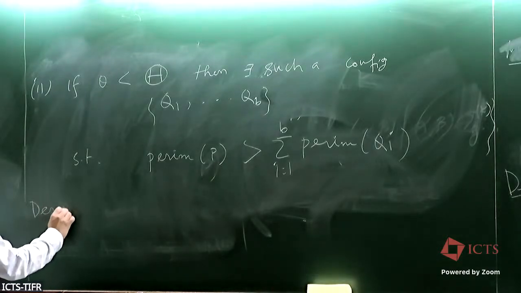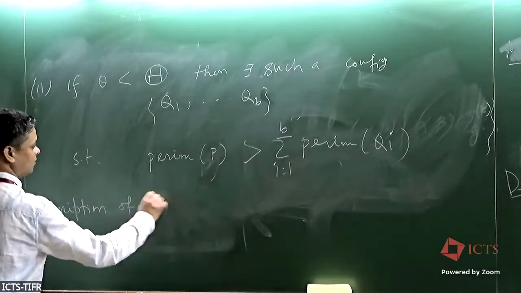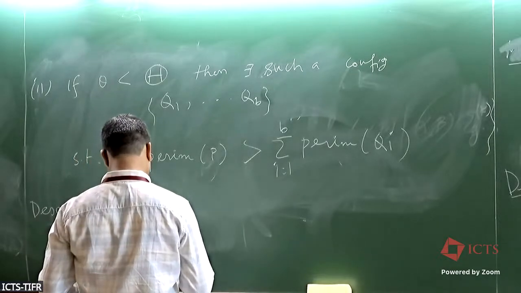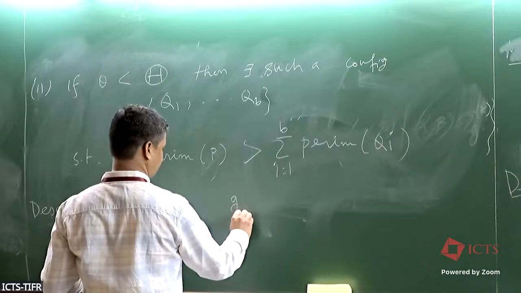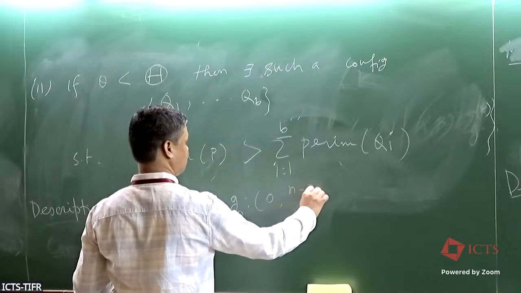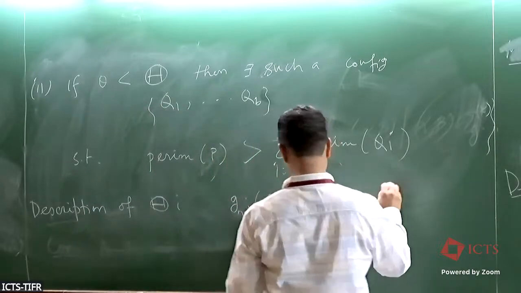Description of capital Theta. Okay, so first we have the function gn defined on 0 to (n minus 2) over n times pi, to the reals.